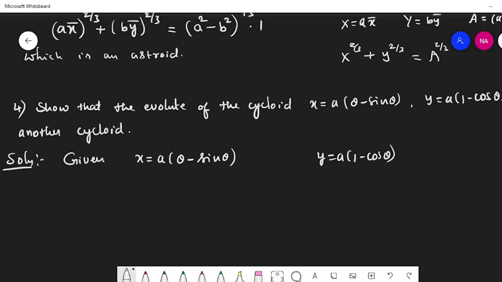Right? Now, differentiating, this will be dx by d theta equal to a times (1 minus cos theta) and dy by d theta is equal to a sin theta.